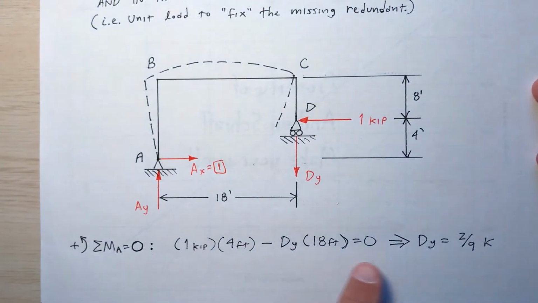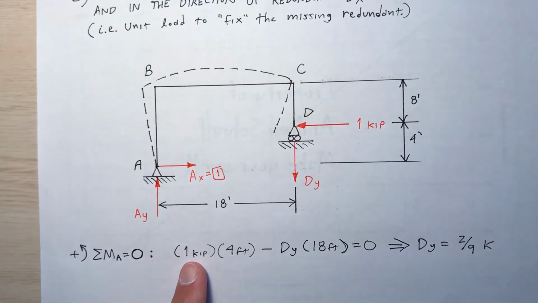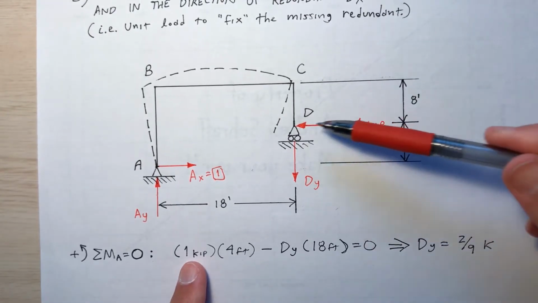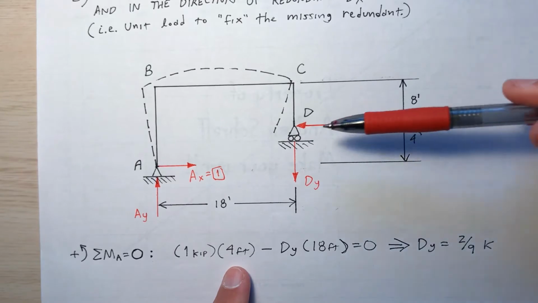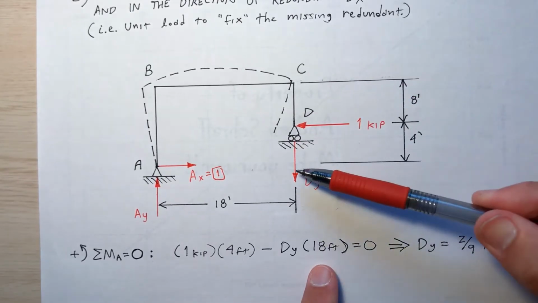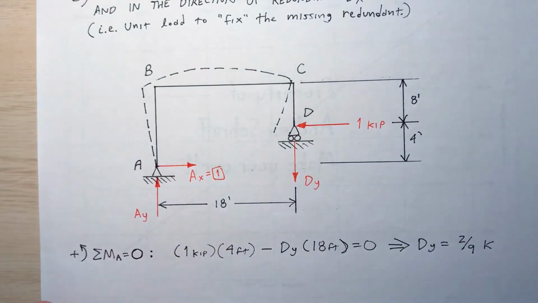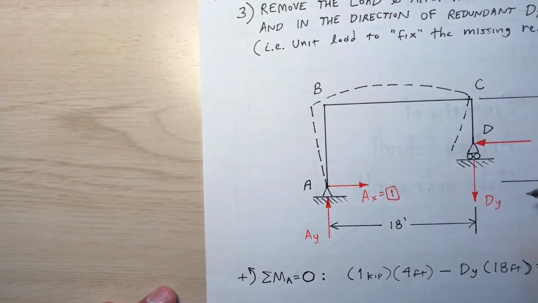That's what I'm doing down here. And notice I threw the dimensions on here. 1 kip at D times moment arm 4, that's the vertical distance between D and A, minus D sub y right here, times a moment arm 18. I find that D sub y is 2/9 kips going down. So here I've got 2/9.